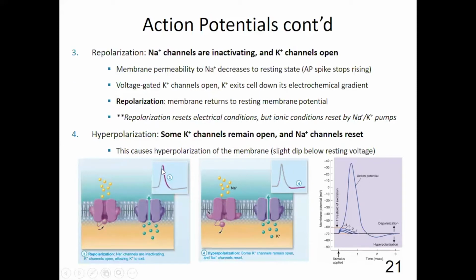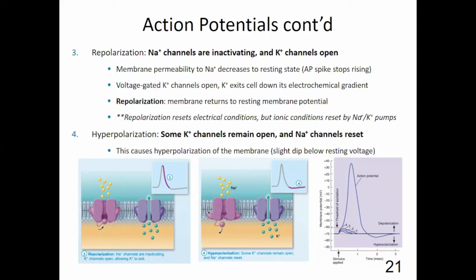The repolarization of the action potential is this downward deflection of the action potential. This is caused by inactivation of those sodium channels. So those sodium channels will inactivate or begin to close, and that means that sodium will no longer be rushing into the cell, which means we will reduce the amount of positive charge inside the cell.